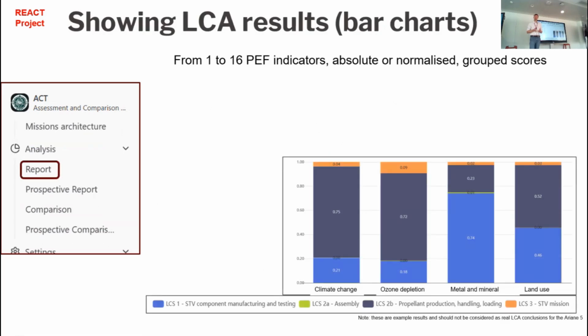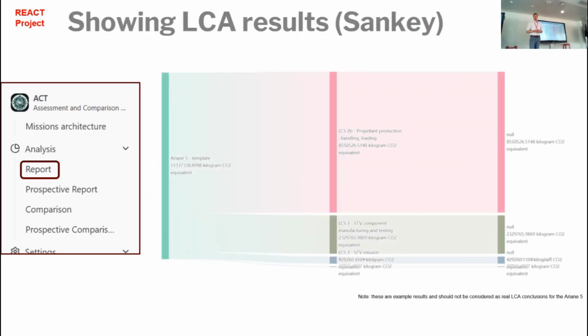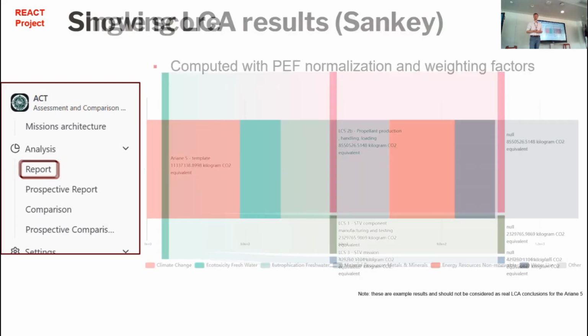Here, quickly, some of the ways you can see the results, but we'll see it also in the second part. So bar charts with different LCA indicators grouped by different grouping types, so categories. Here, typically, lifecycle steps that were defined with FLPP, or the famous ESA project phases from A to F. Also, Sankey diagrams, which are widely used in the LCA community to understand where the environmental hotspots are.